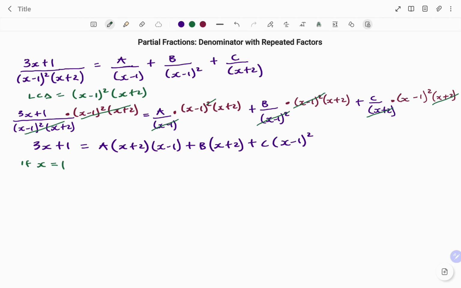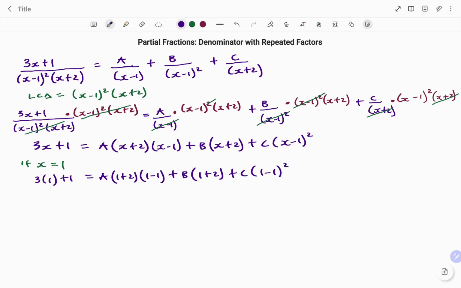So if I go back, I have if x equals to 1, every occurrence of x I replace with 1. On my left-hand side, I have 3 multiplying 1 plus 1 equals a in bracket 1 plus 2, 1 minus 1, plus b in bracket 1 plus 2, plus c 1 minus 1 all squared.